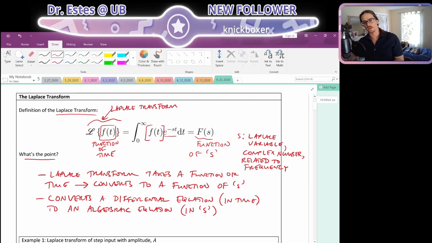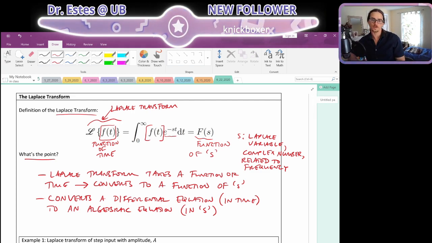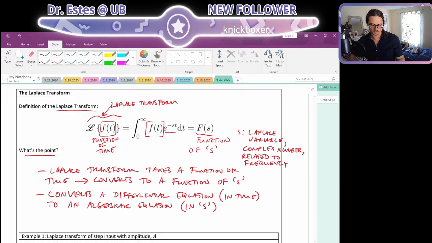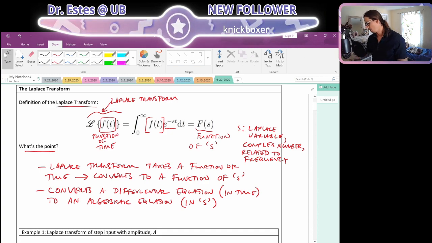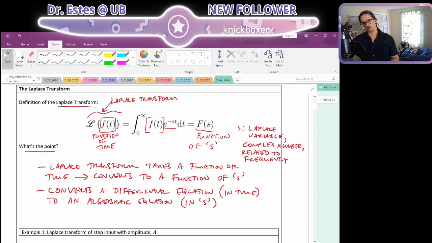Algebraic equations are easier to deal with than differential equations. So it takes a potentially nasty differential equation and puts it into a mathematically more simple expression.